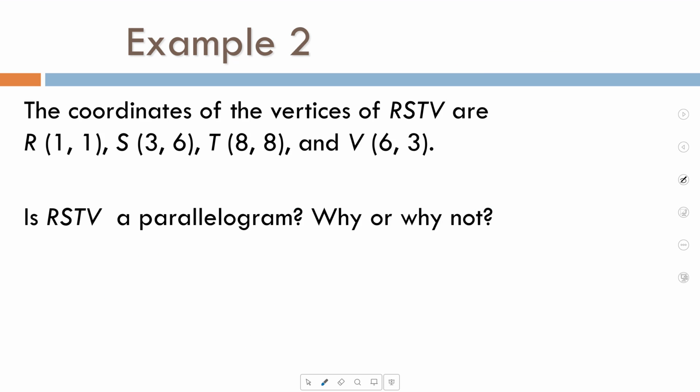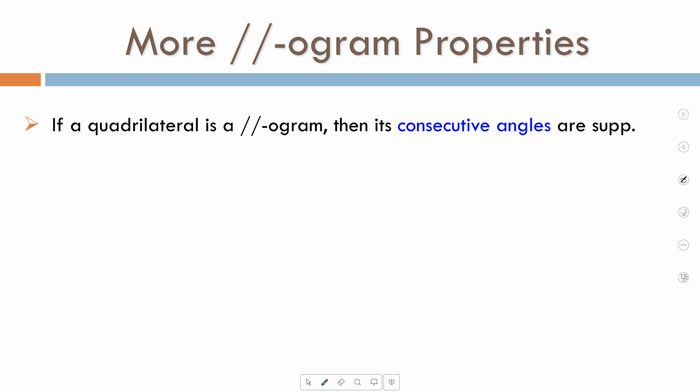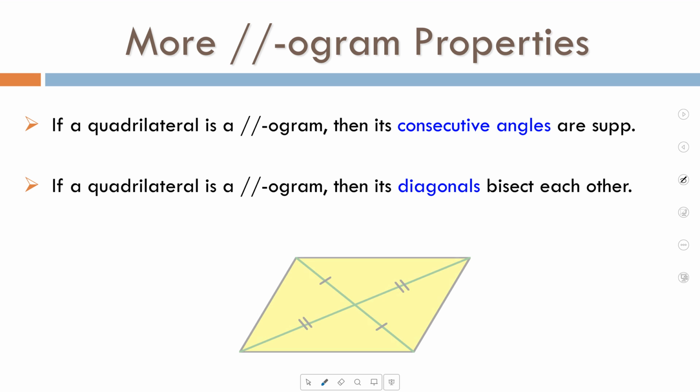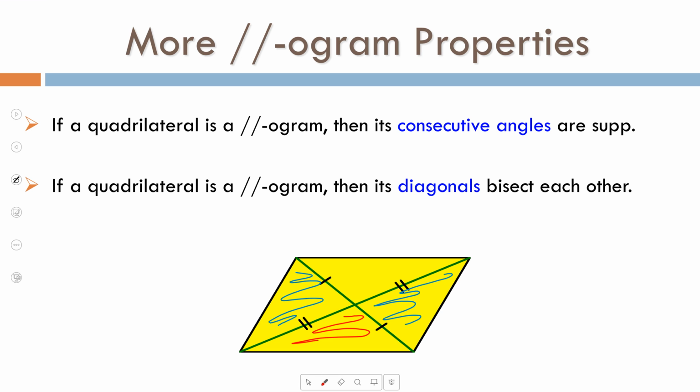Let's go back to this picture to illustrate. I drew in the 2 diagonals in a parallelogram. You'll notice a couple things. This triangle is equal to this triangle. This triangle is equal to this triangle. Maybe opposite triangles in a parallelogram are equal?